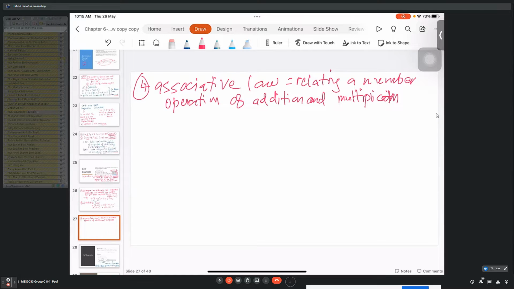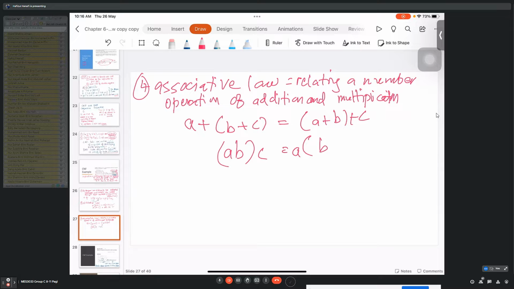For example, we have (A plus B) plus C is equivalent to A plus (B plus C). And we have (AB)C is equivalent to A(BC). Okay, this one is the associative law.